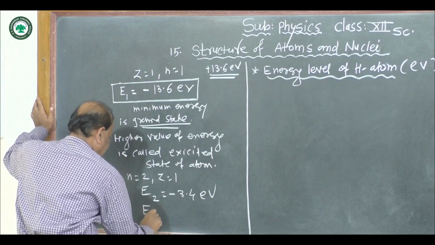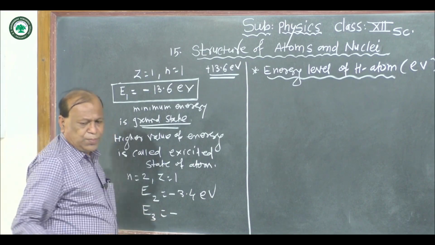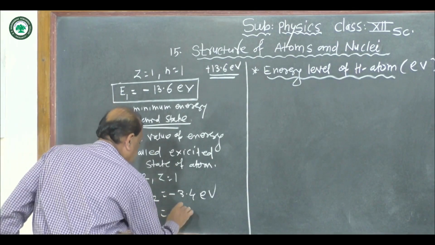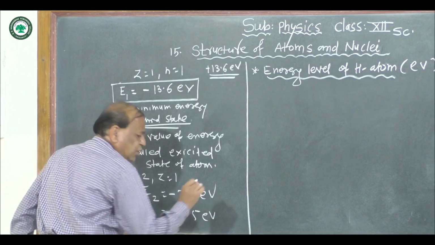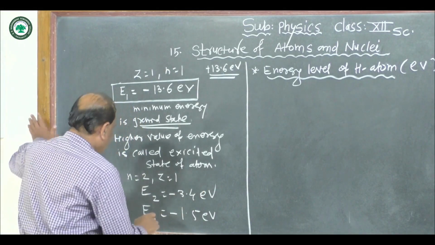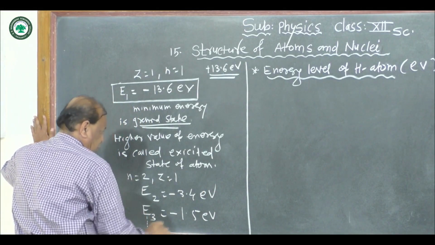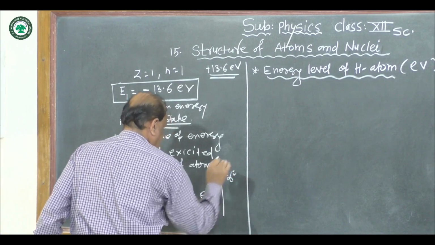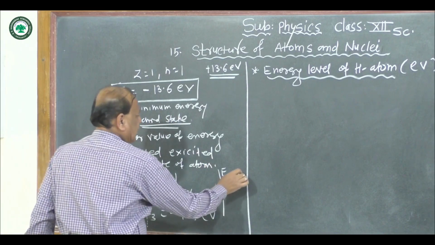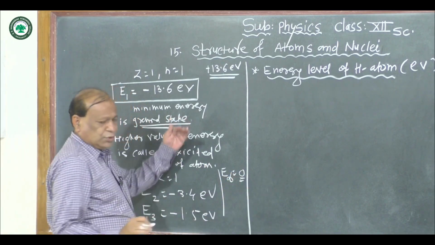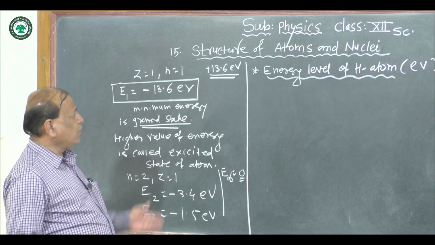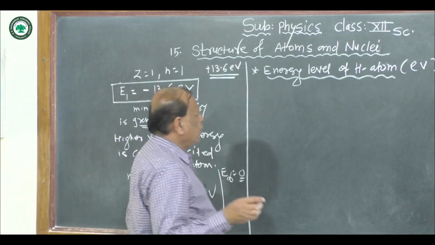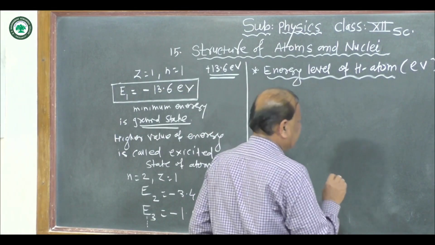Then E3 is equal to minus 1.5 eV. In this way we can find up to the energy of the higher orbit, E infinity, and that value comes to be 0. From these values we can draw the energy level diagram of the hydrogen atom.